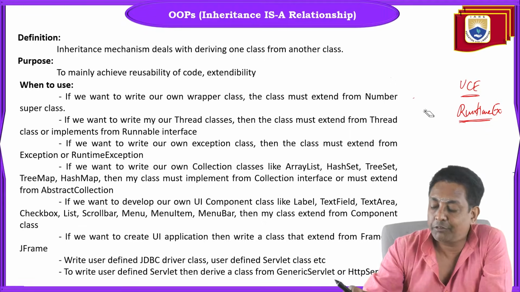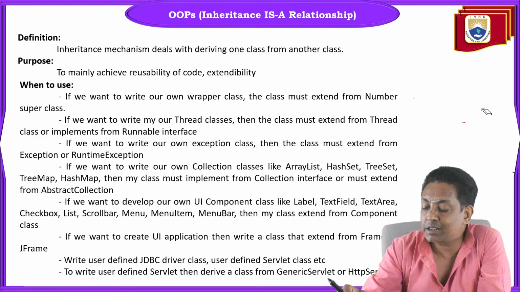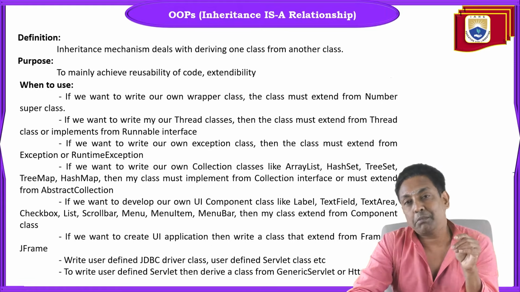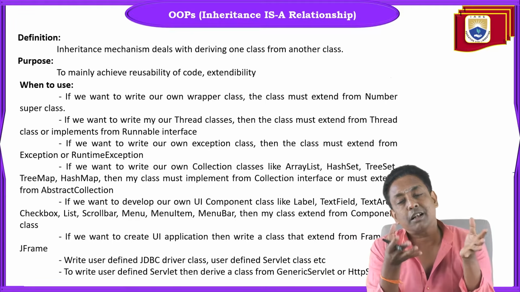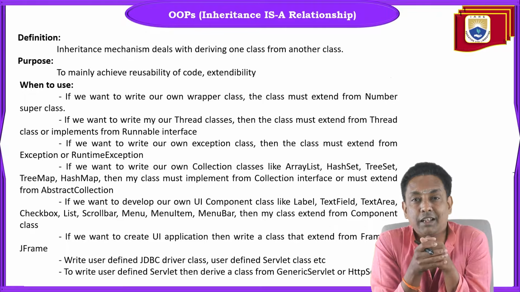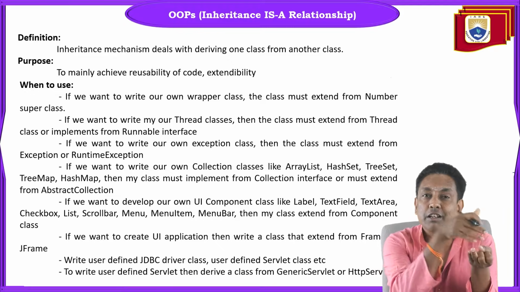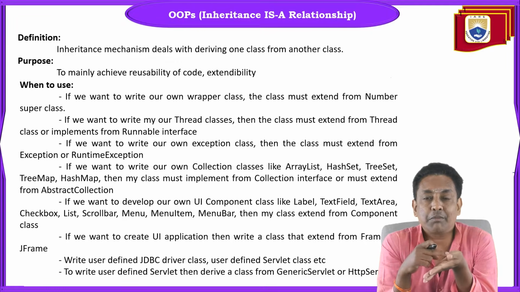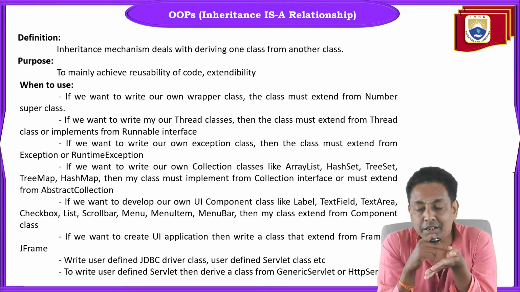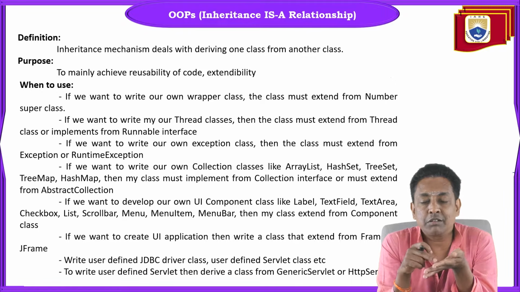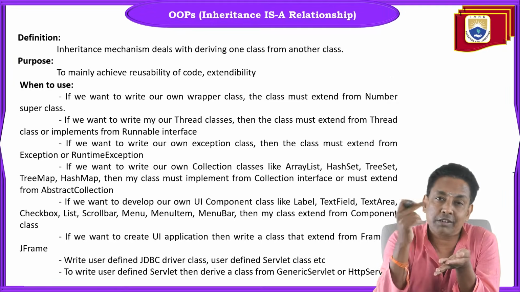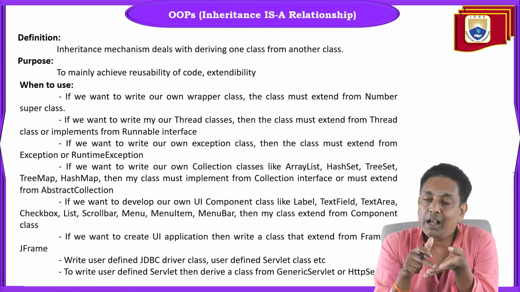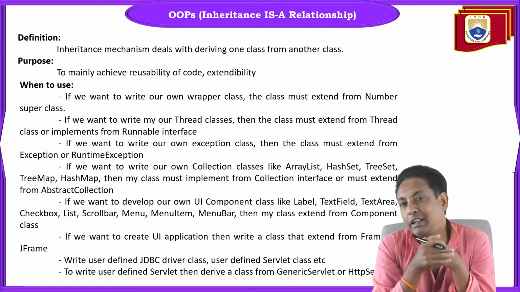Similarly, collections. If we come to collections, the three main interfaces are List, Set, and Map. For List, Set, and Map, some predefined classes are already there. ArrayList and LinkedList are there for List. HashSet and TreeSet are there for the Set interface. For the Map interface, HashMap and TreeMap are already there.